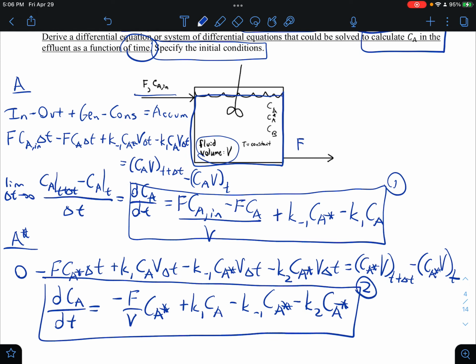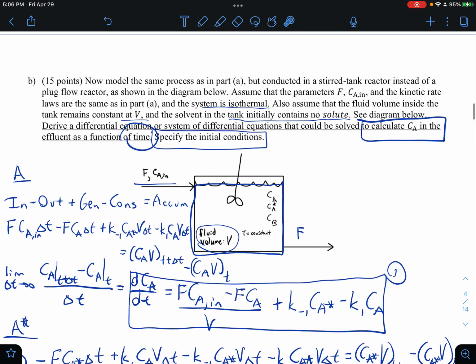This should be sufficient. Notice that only CA and CA star appear in these two differential equations. So they should be sufficient to solve for our object here, which is CA.